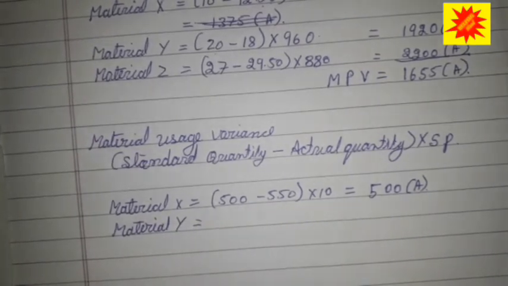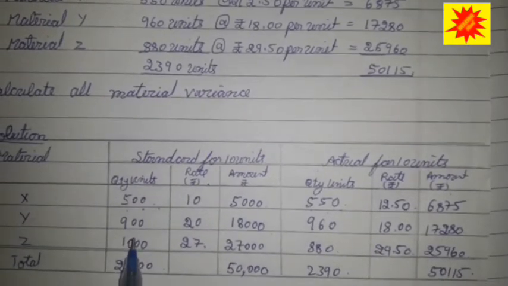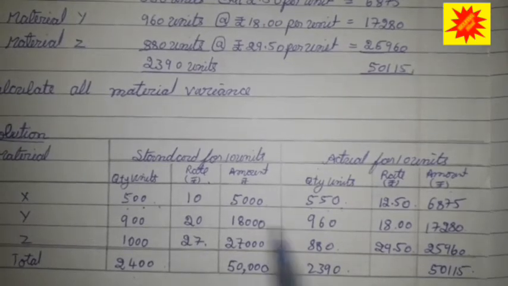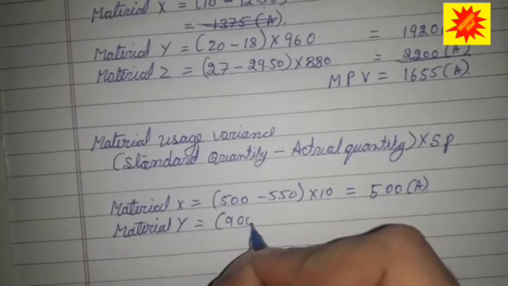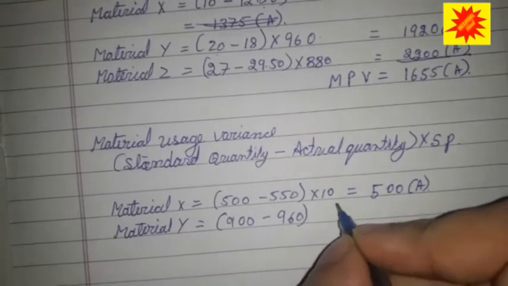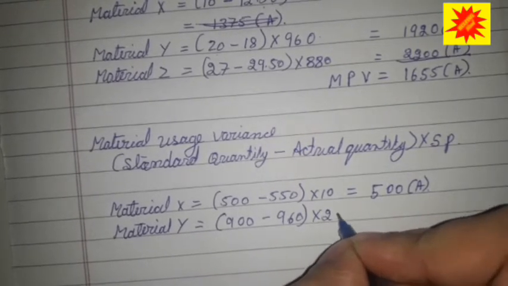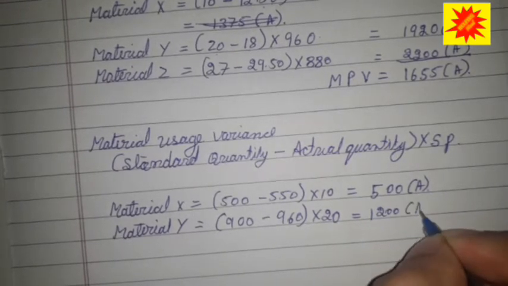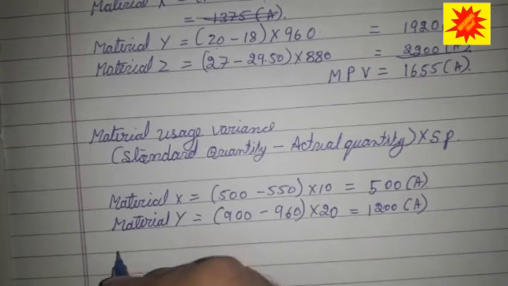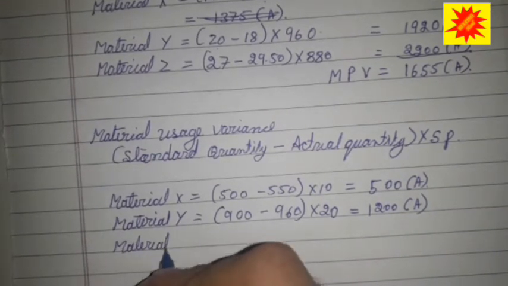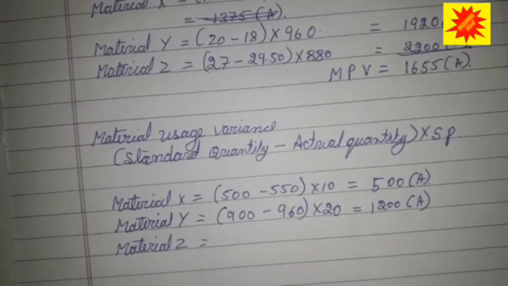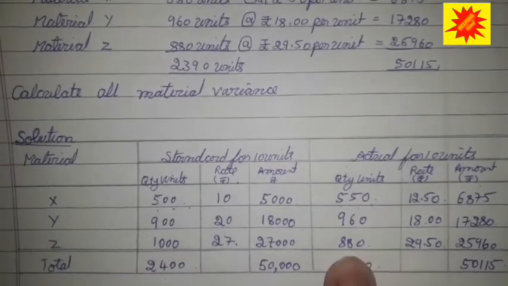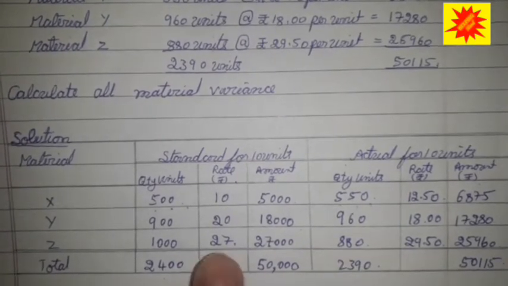For material Y, same again, check for your standard quantity, check for your actual quantity and the standard price. So 900 minus 960 into the standard price. Next, material Z. So for material Z, it is 1000 standard, 880 actual, and standard price is 27.